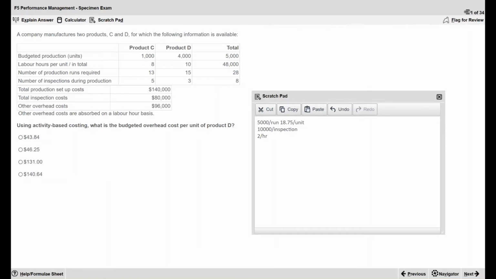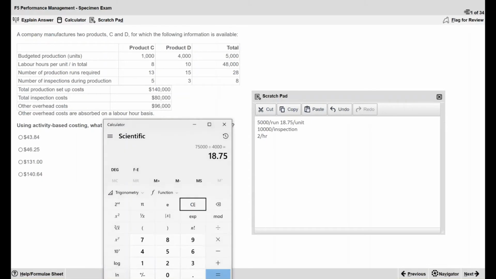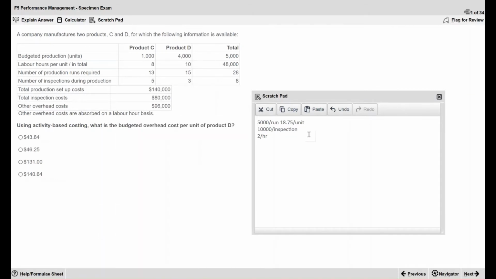And then the same thing with inspection. We can take the 10,000 cost per inspection multiplied by the inspections, which are 3, divided by 4,000 units, which will become 7.5 per unit.